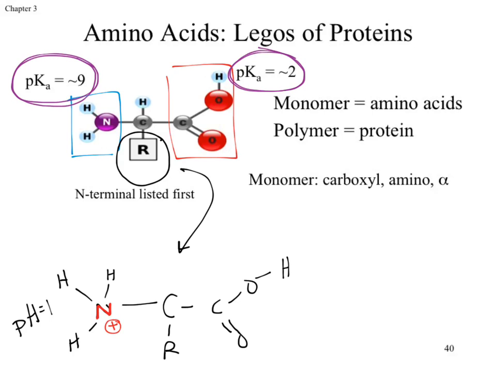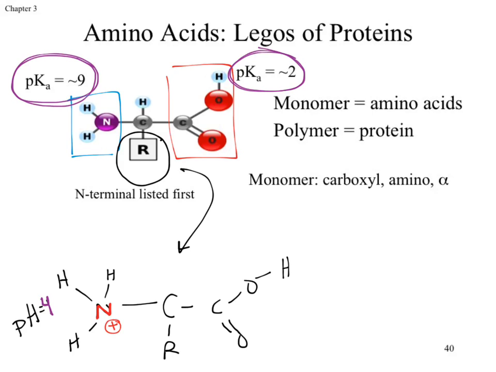But if I had changed the pH to, say, a pH of 4, what happens when I wave my negative wand now? Well, the first thing I have to do is adjust. Does my structure change at a pH of 4? Well, a pH of 4 is still lower than the pKa of 9, so my nitrogen should be positively charged.